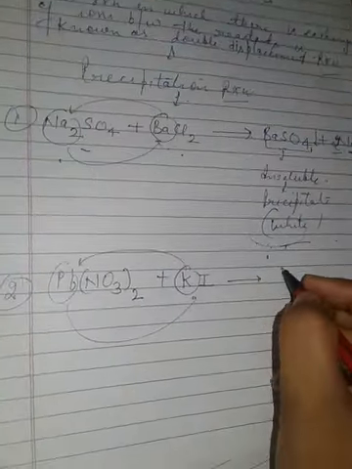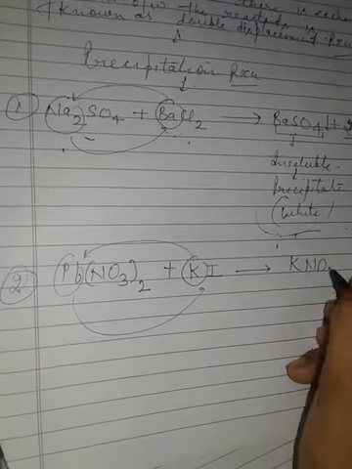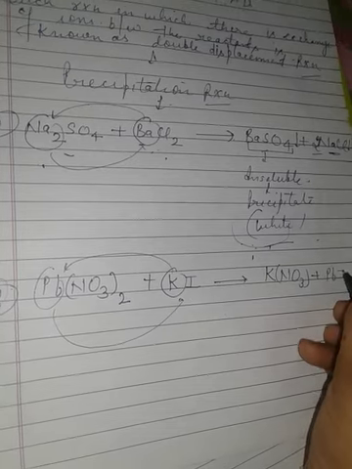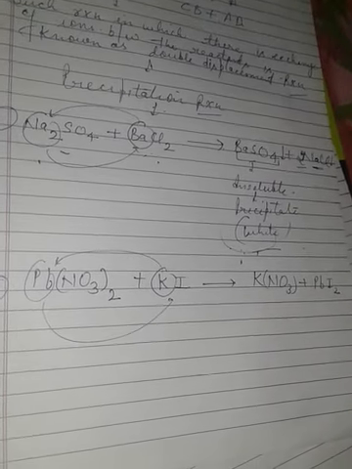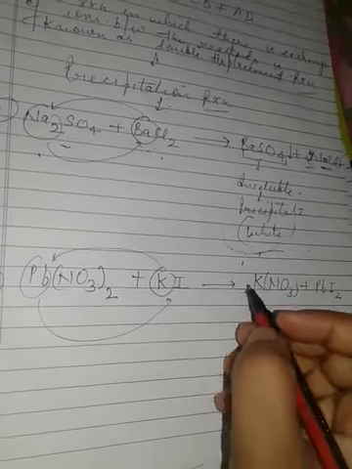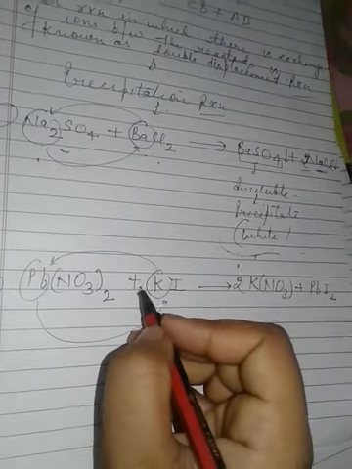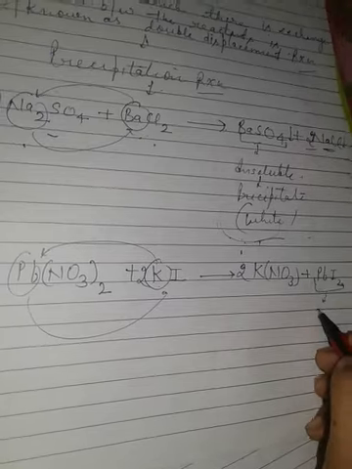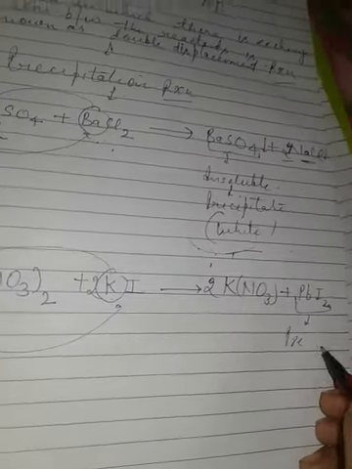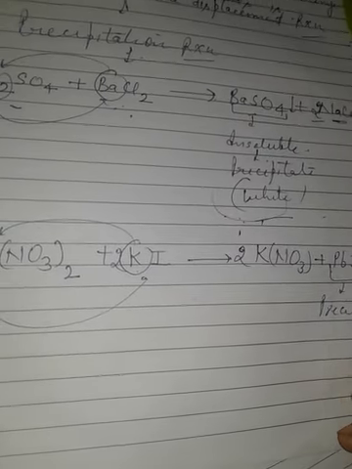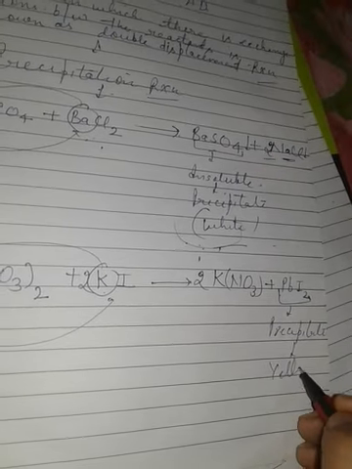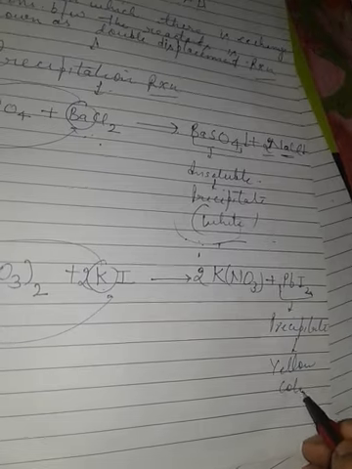The solutions formed are KNO3 and PbI2. On balancing, we get this stoichiometry. The PbI2 formed is a precipitate, meaning it is not soluble, and this precipitate is yellow in color. You have to remember this.